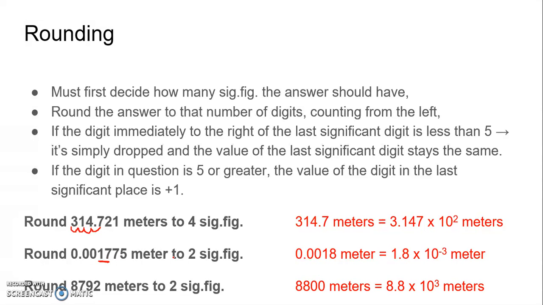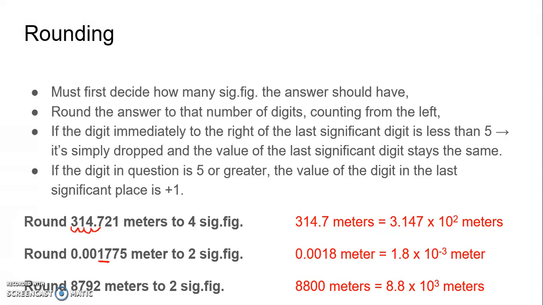So you would have 0.0018. Same thing, you can keep this number that way because it already has 2 significant figures, or you can rewrite this in scientific notation.